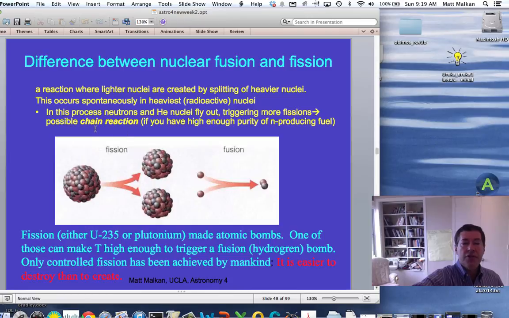Anyway, it's interesting historically to know about fission nuclear reactions or radioactive decays, because that is the basis of current nuclear power. It's the basis of atomic bombs and so on. They're fission bombs. And it's fortunate that these are fairly difficult to produce, because you have to have a very high quantity of relatively pure fissionable material with just the right properties.